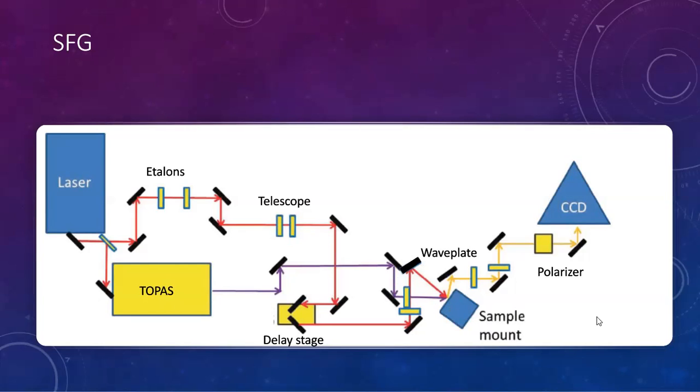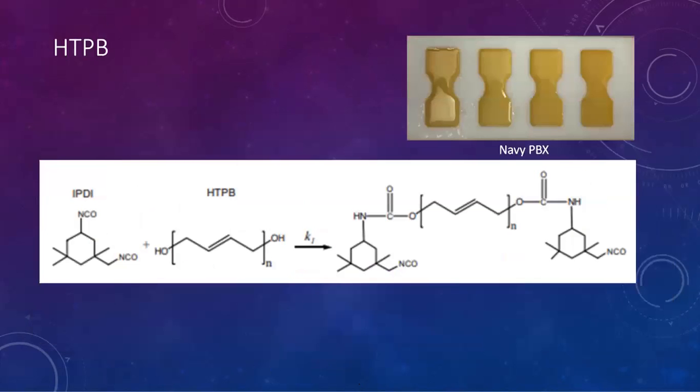And we can control and see different things when we delay when that overlap happens. We have a delay stage that we can change when that IR and visible light actually meet up, giving us different spectra and more information.